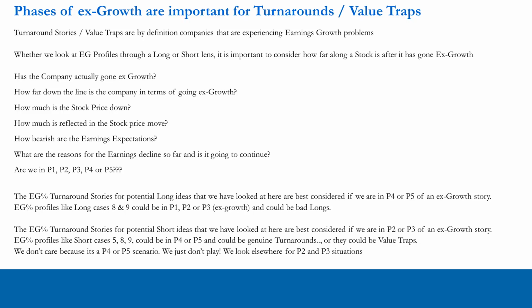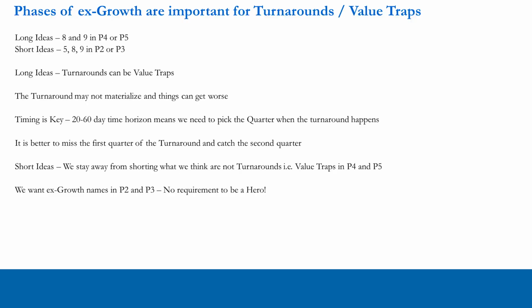So to put this in the most simple terms possible, for long ideas, we like our cases, case 8 and case 9, but we want them in phase 4 or phase 5. For short ideas, we like our cases, case 5, 8 and 9, but we want them in phase 2 or phase 3.